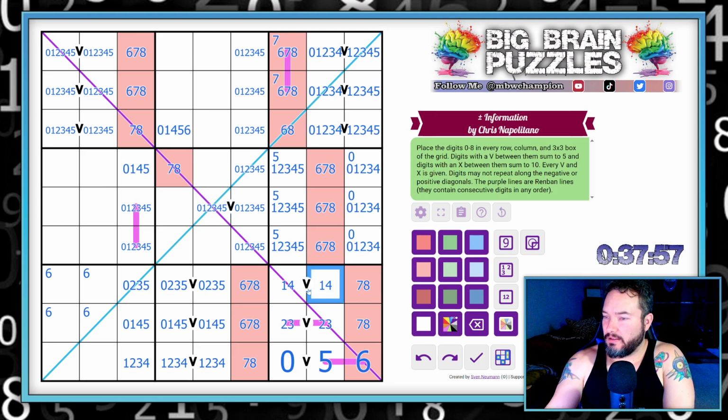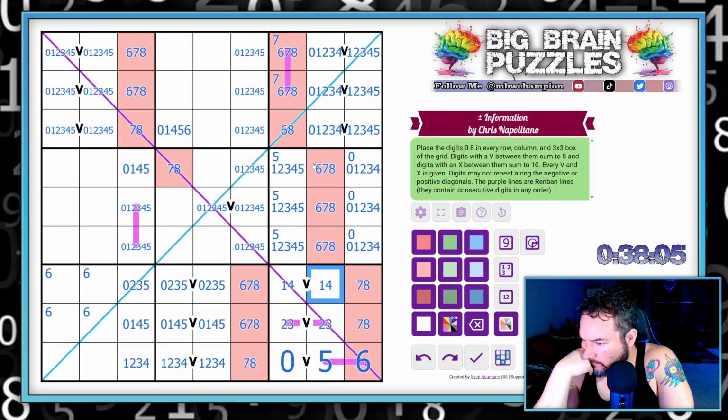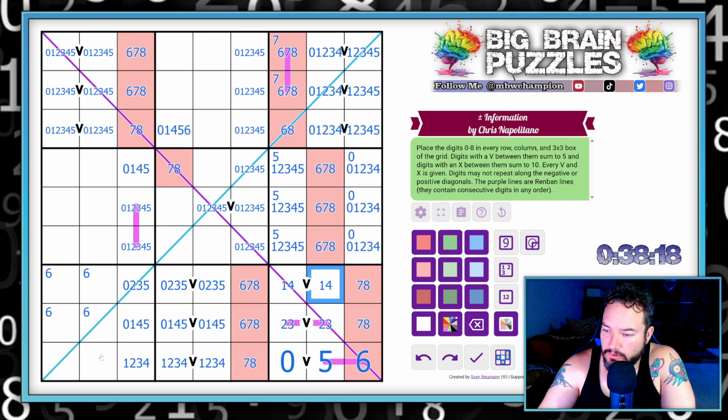You get rid of that coloring because I want to make sure I don't confuse myself saying that this absolutely needs to be this one. Seven or eight's going to go here.